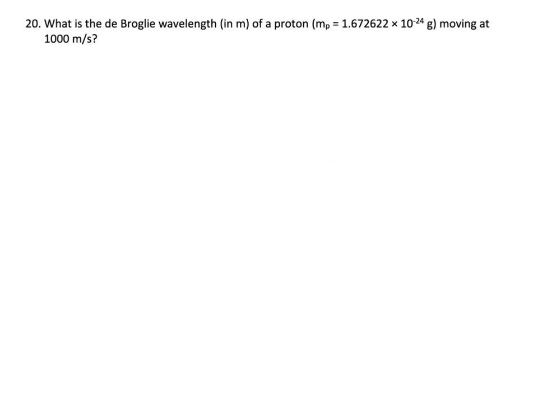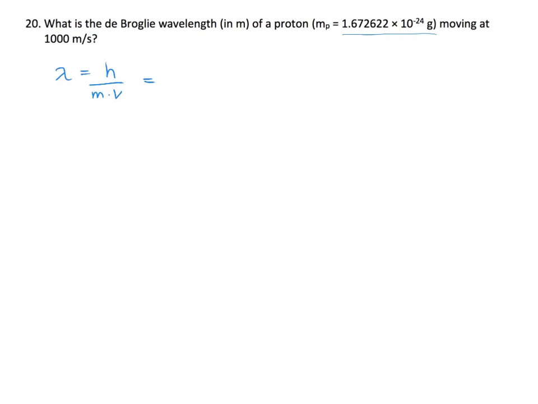Question 20. What is the de Broglie wavelength in meters of a proton with the given mass moving at 1,000 meters per second? So we kind of just put this into the de Broglie equation, which is lambda equals Planck's constant over m times v, where v is the speed, which is given. And we can put the data in here now.